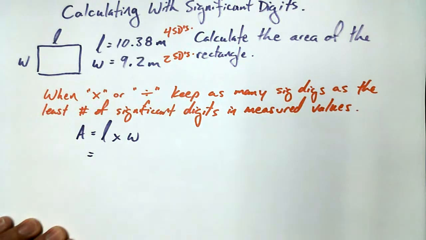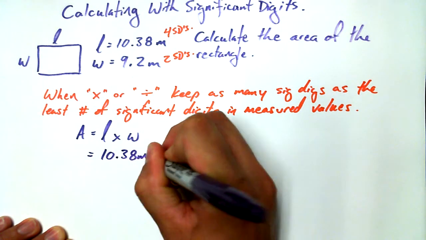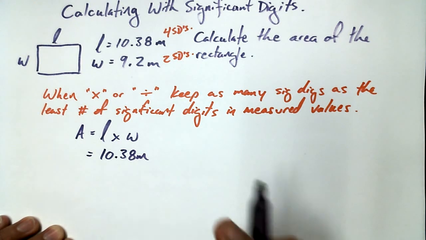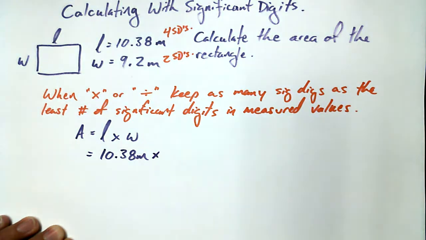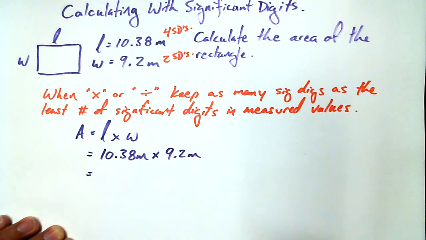And now we're going to sub in our values. So 10.38 meters. And I'm always going to write my units too. And I know that this seems like it's a simple thing, but it's something that's particularly important, and it becomes more and more important as the calculations get more complicated. Times 9.2 meters equals, and here I need help from somebody with a calculator.